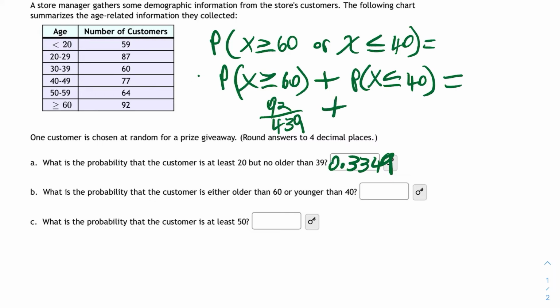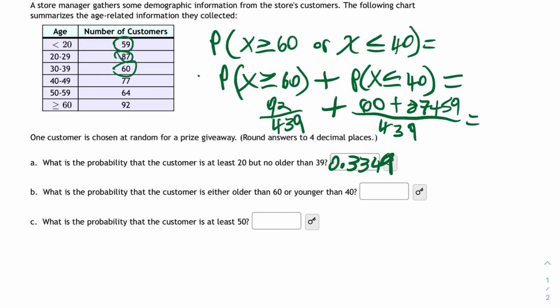And then I'm adding to that the probability of being less than or equal to 40. The people who are less than or equal to 40, that's these 60, plus these 87, plus 59, all over the grand total of 439.